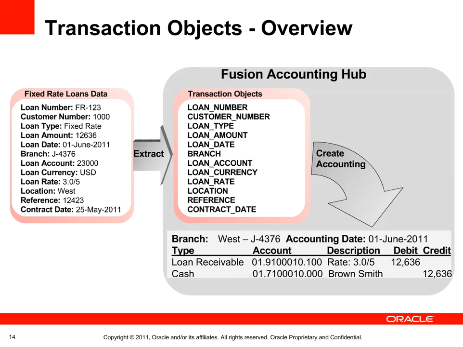In our example, data from a mortgage loan system, such as loan number, customer information, loan type, loan dates, and amounts, etc. Each attribute on the transaction object can be used in creating accounting rules. The Create Accounting program uses the data on the transaction objects and the accounting rules to generate the journal entries for eligible events.